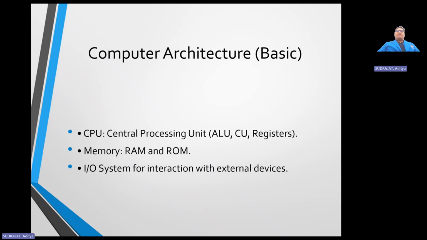RAM is hardware that stores temporary processing data for the computer, and ROM is like SSD, a permanent storage for the end of the process. The third is the I/O system, input output system, for interacting with external devices, like a USB port to connect our mouse and keyboard, and a Bluetooth connector to connect our Bluetooth devices to the computer.